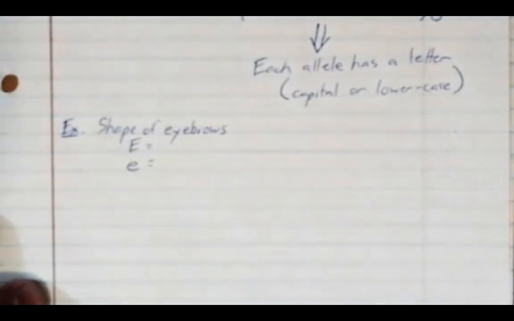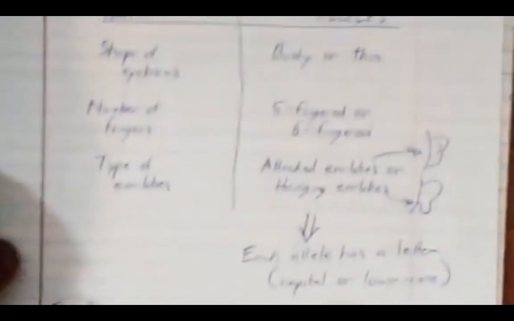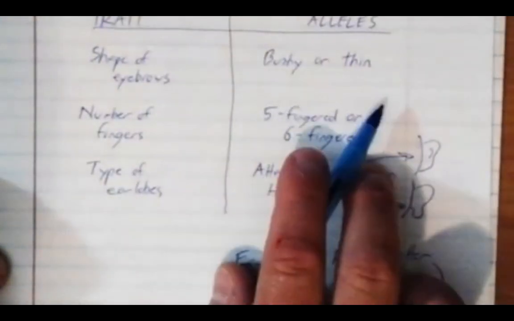And so I know for eyebrows, they can either be bushy or thin. So how do I know which one's the capital? How do I know which one is the lowercase? Okay, the capital letter, that one right there, is for the dominant allele.